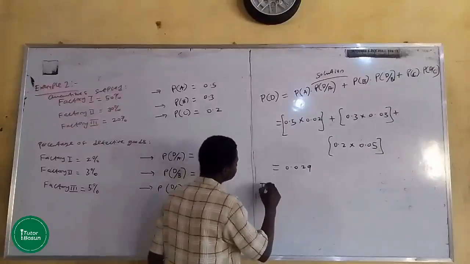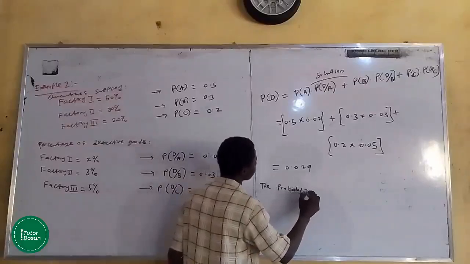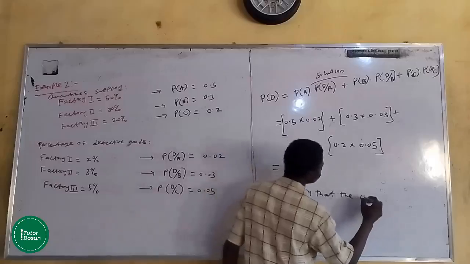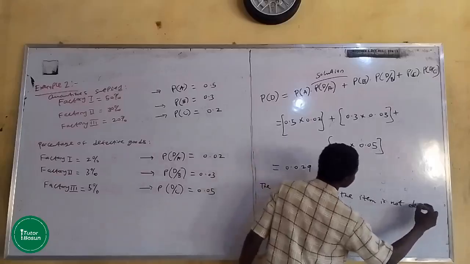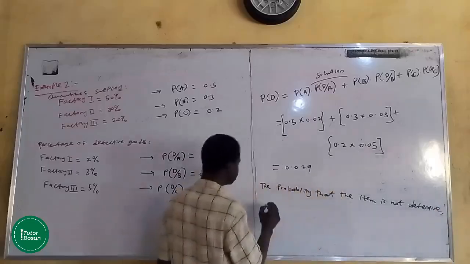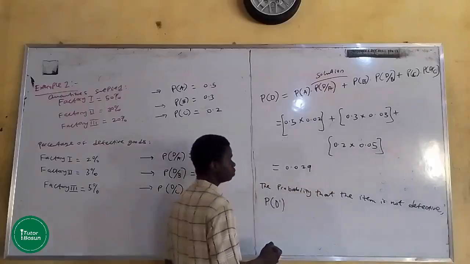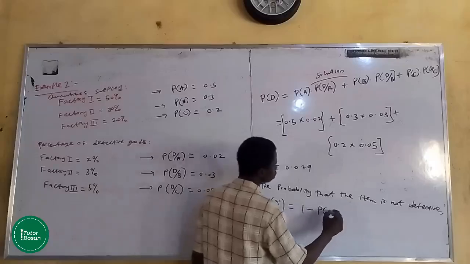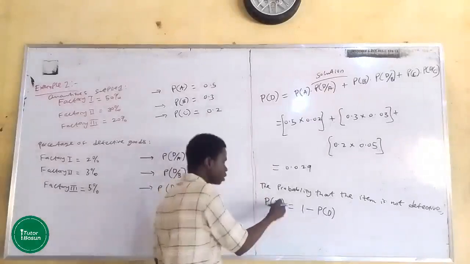So the probability that the item is not defective will be the probability of D prime, which equals 1 minus the probability of D. Since D is the event that it is defective, the probability that it is not defective will be the complement.